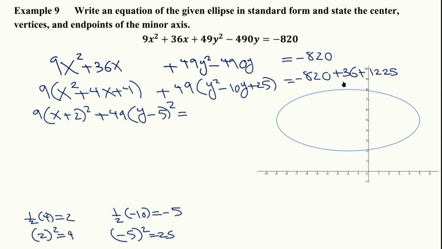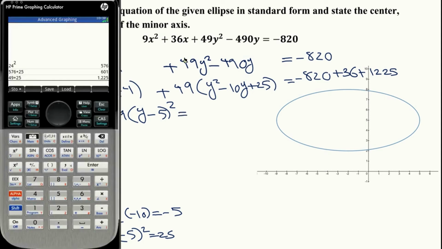Now we need to figure out what all that is. All right, so -820 plus 36 plus 1225. And that gives me 441.